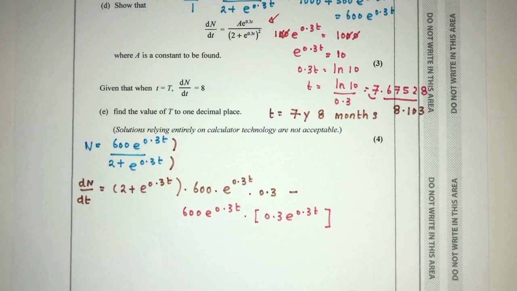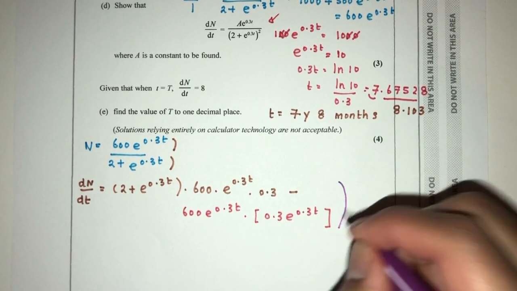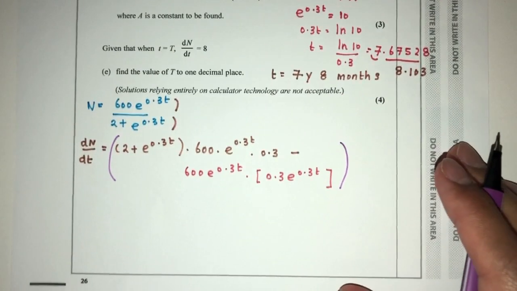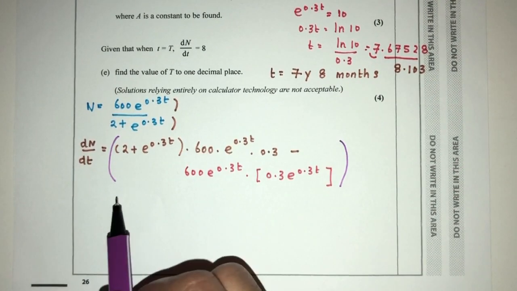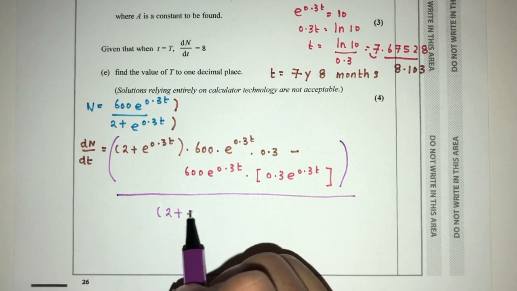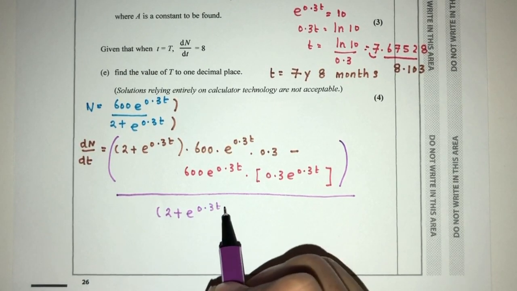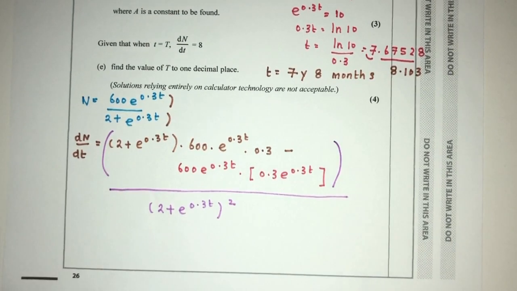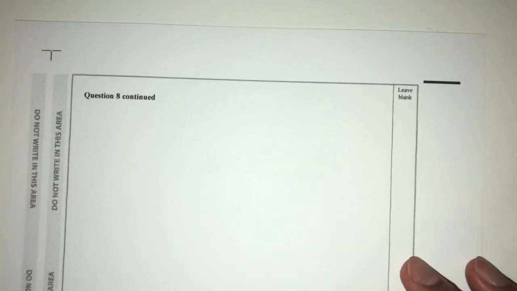Now at the end, that will be the whole thing divided by the base squared. Base is 2 plus exponential 0.3t, squared. Now obviously here we have to simplify and try to find the answers. So let me continue here.